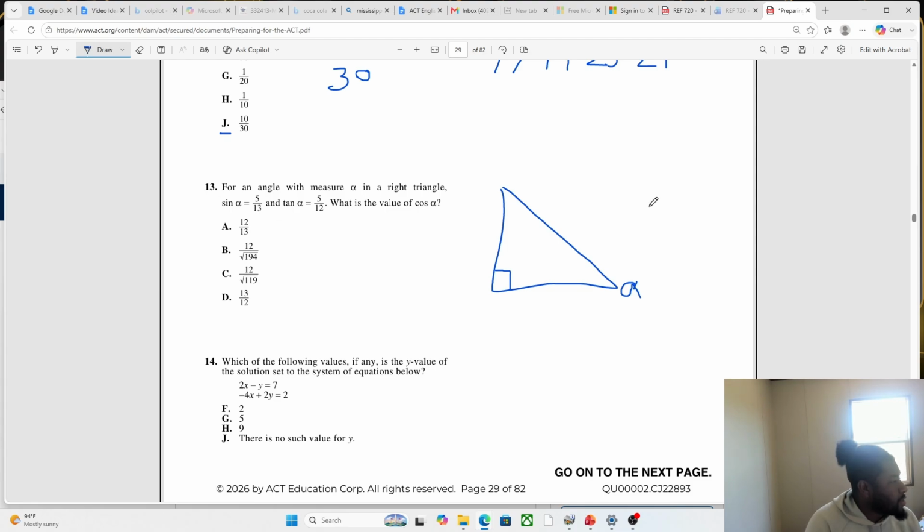So sine of alpha, I'm writing shorthand. Sine is opposite over hypotenuse. So opposite is the side opposite of the angle. So that's 5. Hypotenuse is always the longest side. 13. Cool.